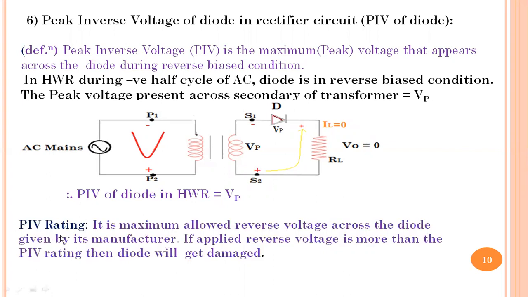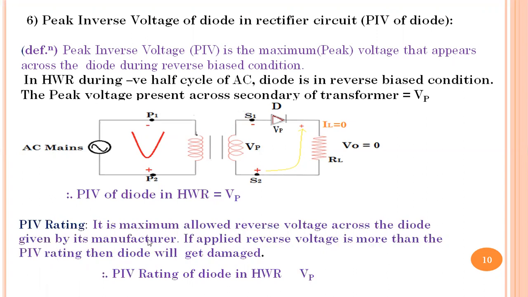So we have to select a diode in a circuit in such a way that in any case the reverse voltage appearing across it should not exceed the PIV rating given by its manufacturer. Otherwise, the diode will get damaged or burn away. Therefore, we must select a diode in our circuit with a maximum PIV rating at least equal to or greater than the peak voltage present in the circuit.